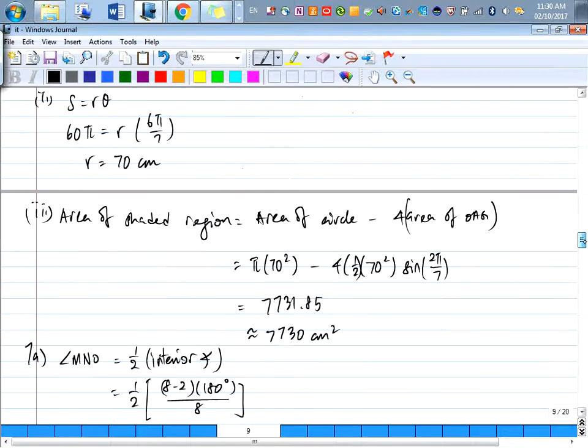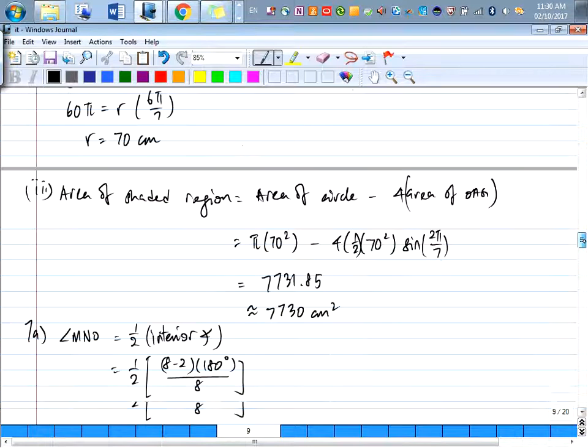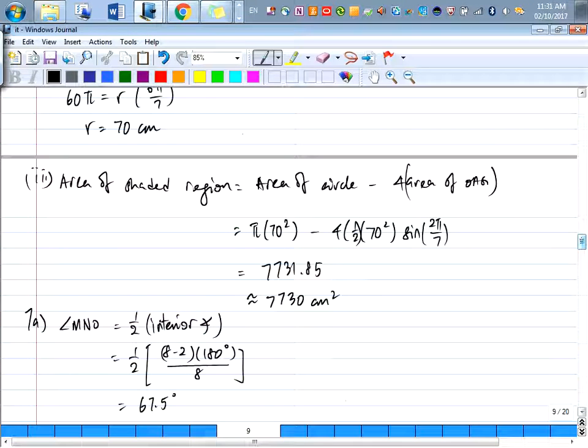Many ways to do it, but the approach I used was the same as what Dennis suggested, if it was really from him. So rounded off, the area will be 7730.